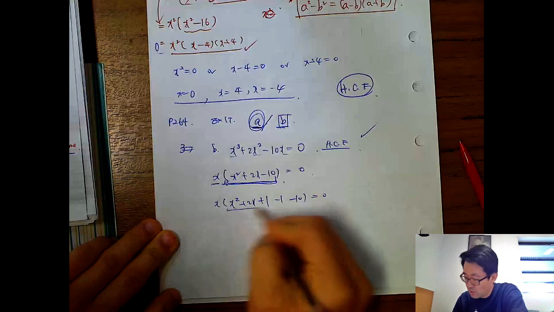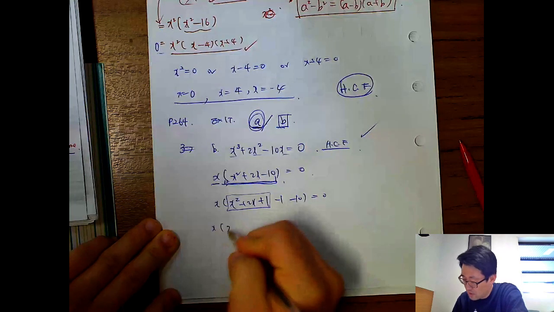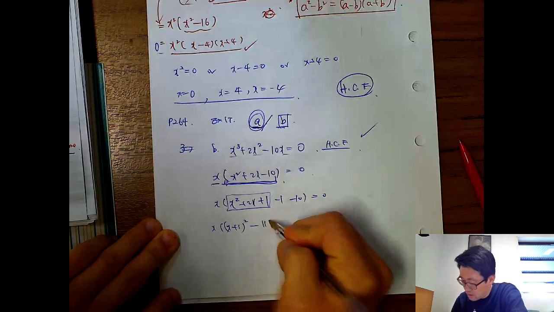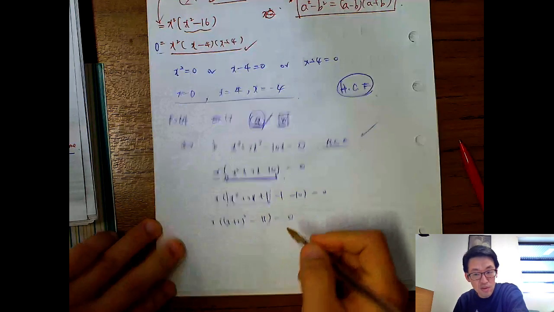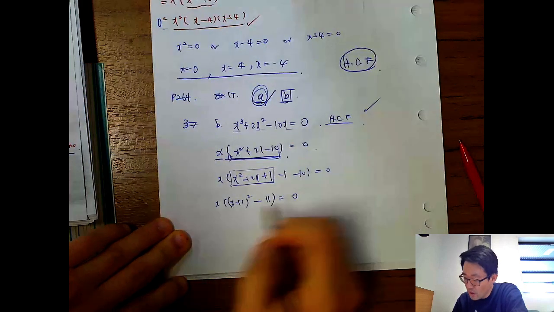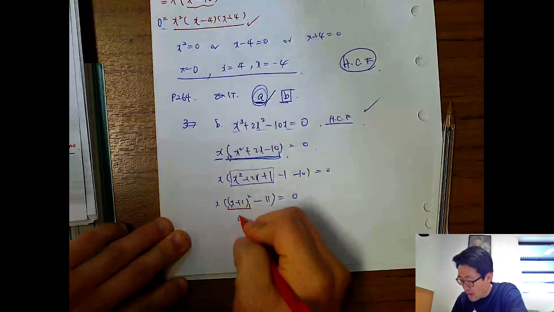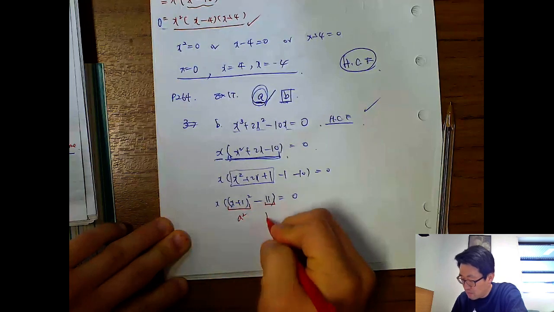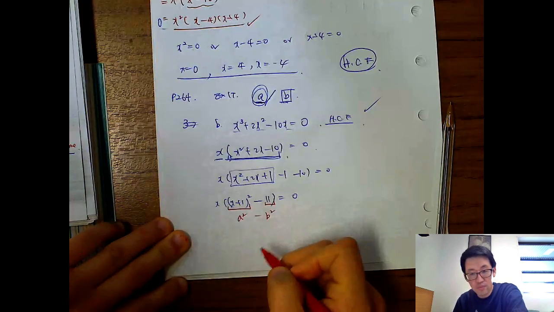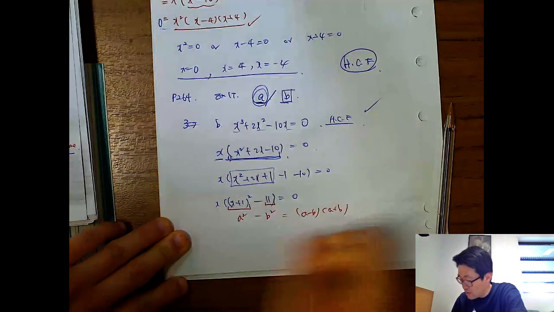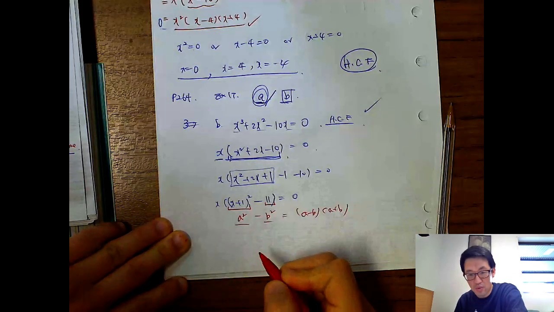I'm showing you this whole part becomes x plus 1 squared minus 11 equals 0. And then deliberately make this a squared, therefore I can make this b squared form, which means a minus b, a plus b. I can make square form.